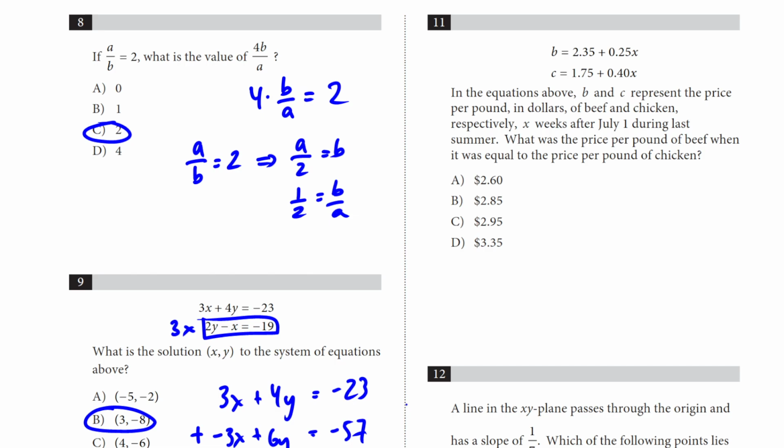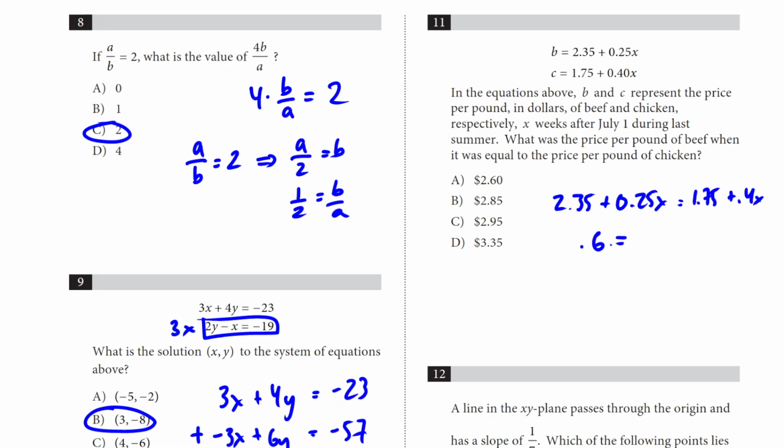Okay, in the equations above, B and C represent the price per pound in dollars of beef and chicken, respectively, x weeks after July 1st. What was the price per pound of beef when it was equal to the price per pound of chicken? So we're just making these two equations equal to each other. That equals 1.75 plus 0.4x. Okay, so we'll subtract 1.75 from the left to get 0.6.